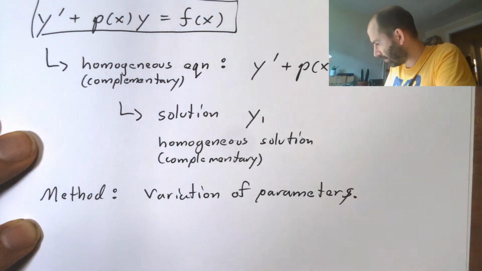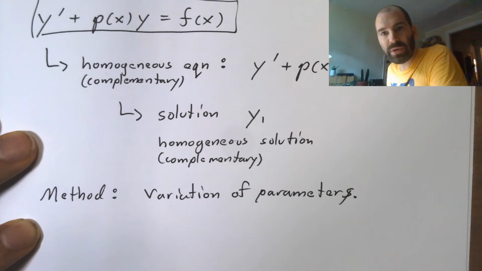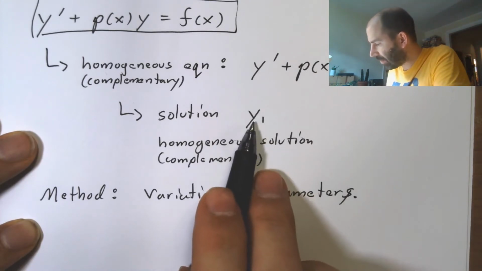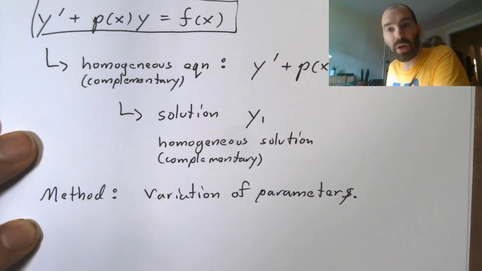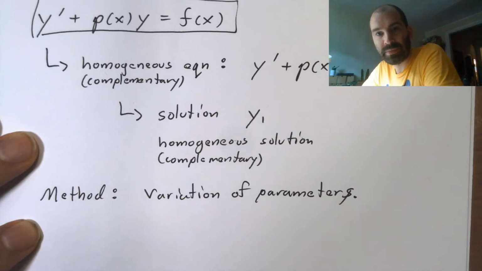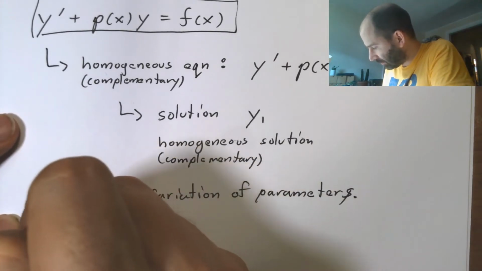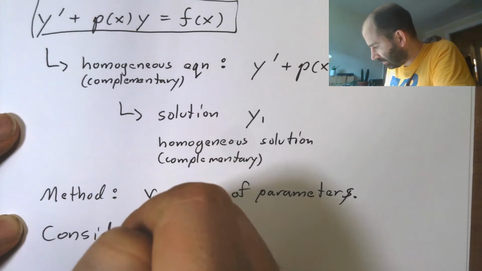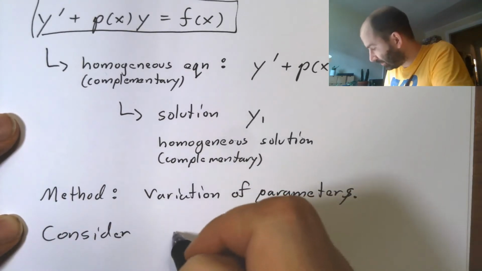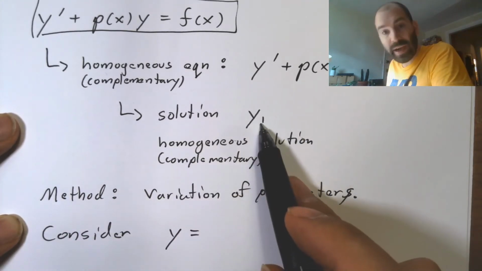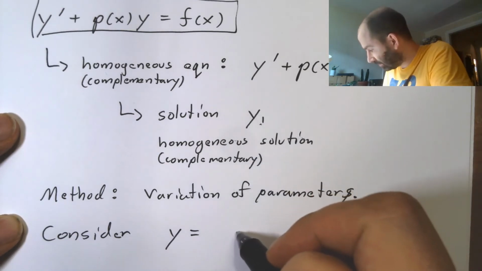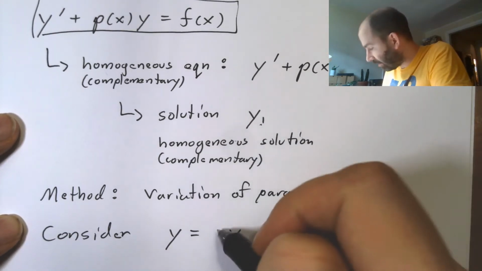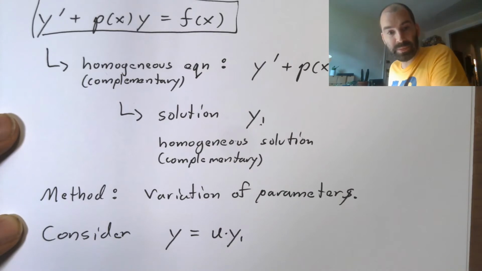Okay, and what do we do here? Well, we're going to take our complementary solution, our homogeneous solution, and we're going to multiply it by another function. Okay, so consider this new function. We're going to take our complementary solution and we're going to multiply it by a new function u.